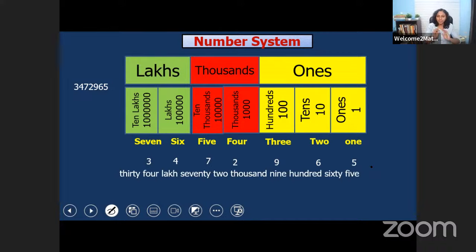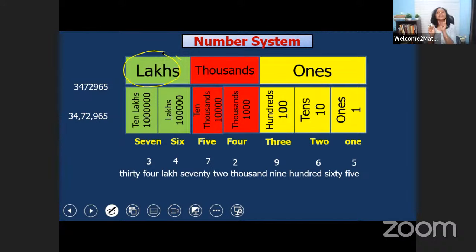Now I will show you the number name. What is the number name? You see, it's 34 lakh 72,965. Whenever you write the number, you have to separate the periods by commas. Just like 34 lakh, after 34 lakh you put a comma because it's the lakhs period.